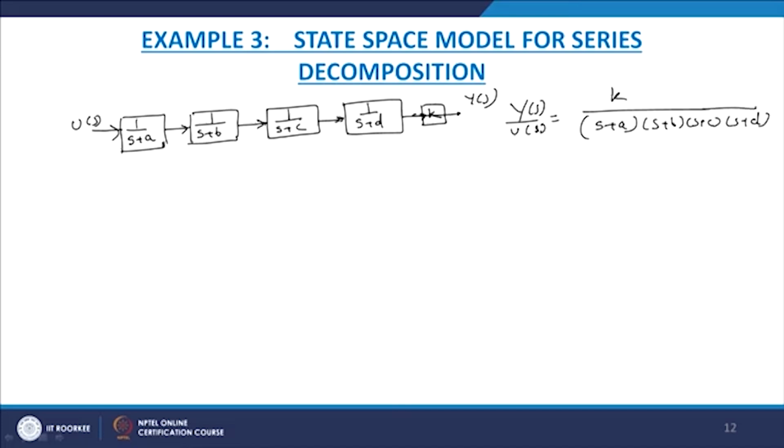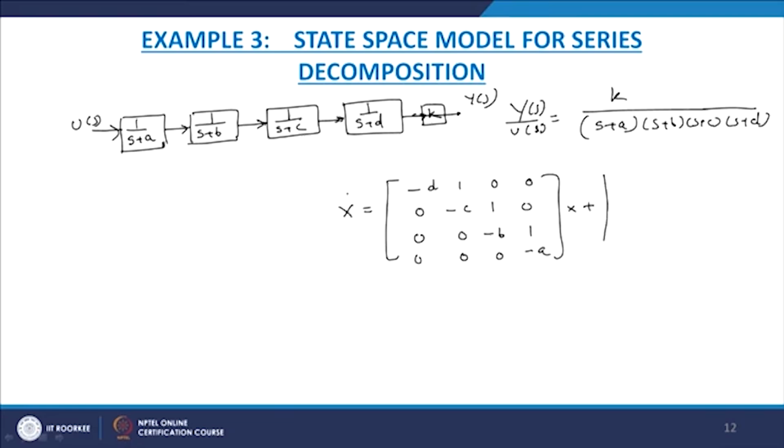This is y(s)/u(s), and here we have to prove that x dot equals the matrix [minus d, 1, 0, 0; 0, minus c, 1, 0; 0, 0, minus b, 1; 0, 0, 0, minus a] times x, plus [0, 0, 0, 1] times u, and the output y equals [k, 0, 0, 0] times x.